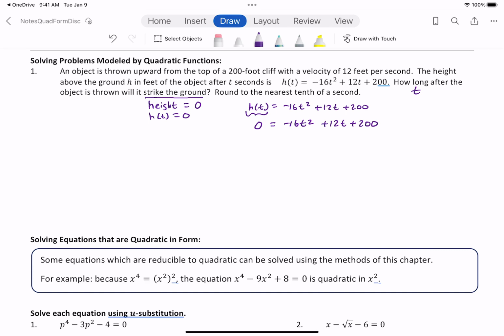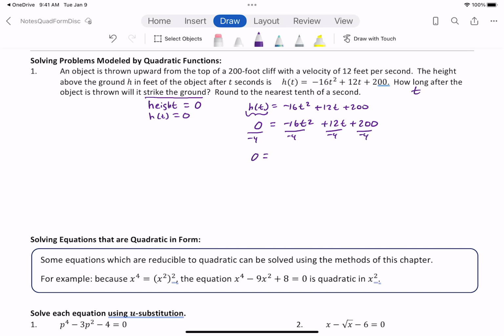Now you can use the quadratic formula right from this step if you want. I happen to notice that all of these coefficients are evenly divisible by 4, and just to go one step further, to make that lead term positive, I'm going to divide every term in my equation by -4.